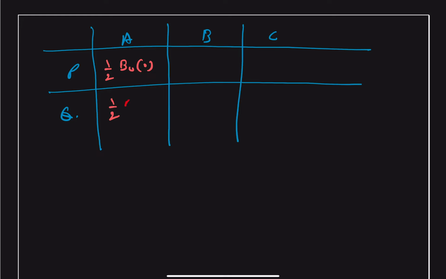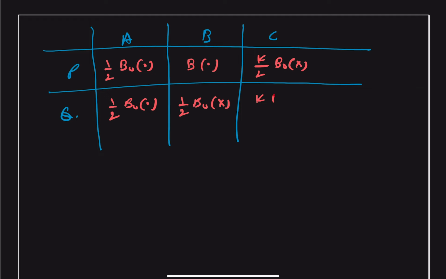This comes as B naught, and this comes also as half B naught. And like I said, this will be K by 2 B naught, and this comes as K multiplied by B naught.